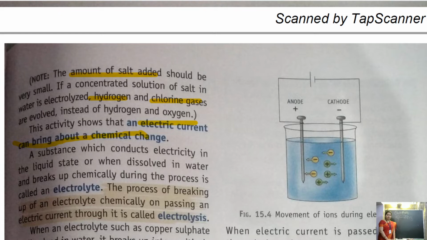And we have also talked about what is electrolyte. So what is electrolyte? The substance which conducts electricity in the liquid state or when dissolved in water and breaks up chemically during the process is called electrolyte.